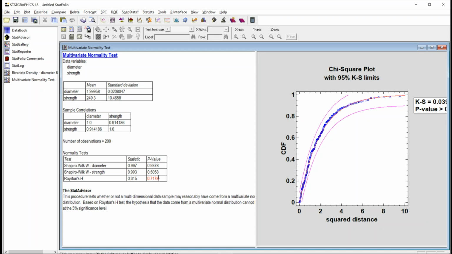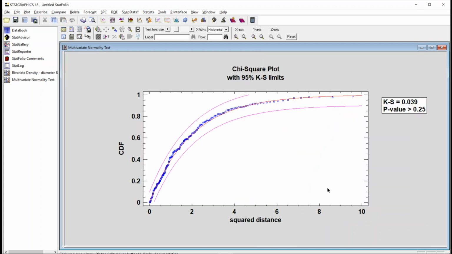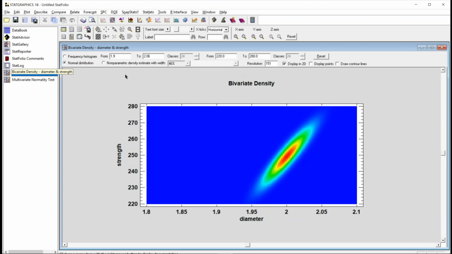Now, we also have a graph over here, something called a chi-square plot, which can also be used to test whether or not data come from a multivariate normal distribution. What it does is it takes the squared distance of each of my data points from the centroid of the data. Basically, in this case, I've got my bivariate normal distribution.